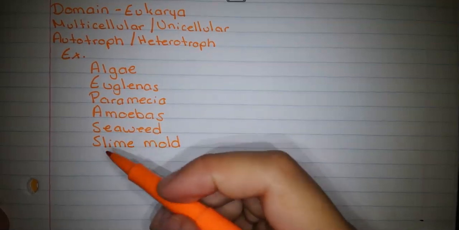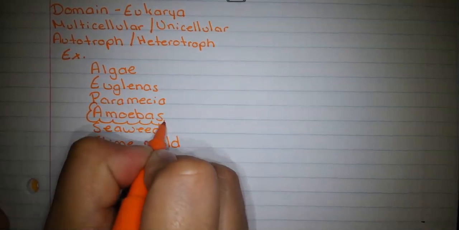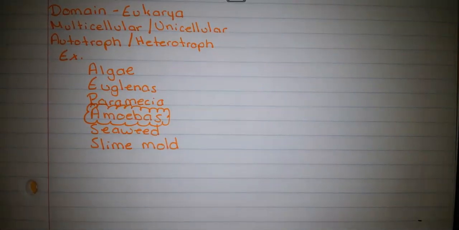Okay, so these are examples of protists. Again, my favorite are the amoebas. Okay, now, as you know, my favorite are amoebas because of the Amoeba Sisters.